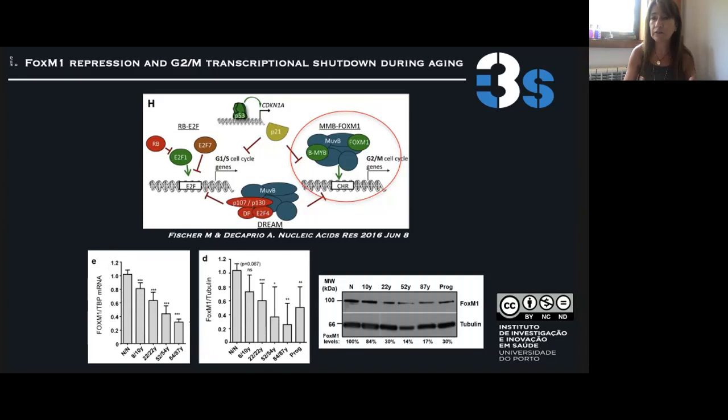This is in agreement with the increased mitotic duration with advancing age. So we concluded that an aging-associated FOXM1 repression accounts for an extensive transcriptional downregulation of mitotic genes and the phenotypes that we observed in the early senescent dividing cells.